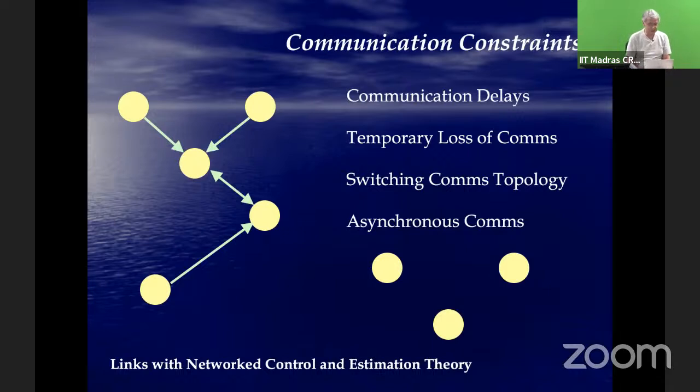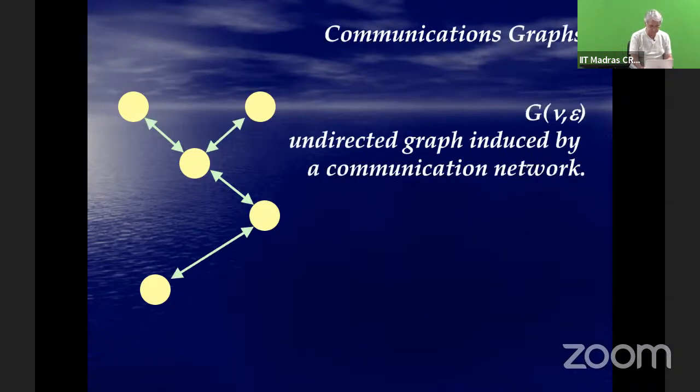The vehicles communicate with each other with delays. You may have temporary loss of communications, so you don't know when the communications are going to fail. Sometimes this topology may change. Sometimes for some period of time, vehicle one may be talking to two, and then it cannot talk, and then later it will talk, and then there are asynchronous communications as well. All right.